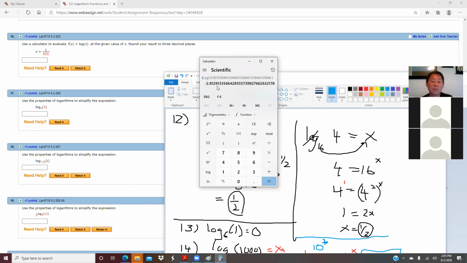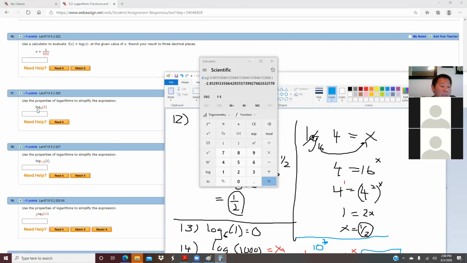If you have your normal calculator like this one, you just type log, then 1 over 650, and you will still get the same answer, negative 2.8 something. Okay, so make sure you know what to do on this question. For the calculator part, you just use your calculator.